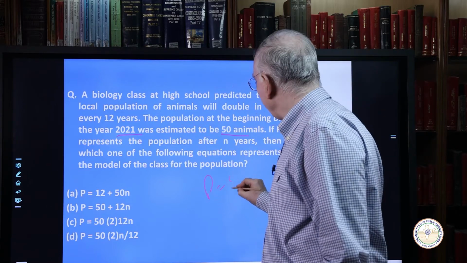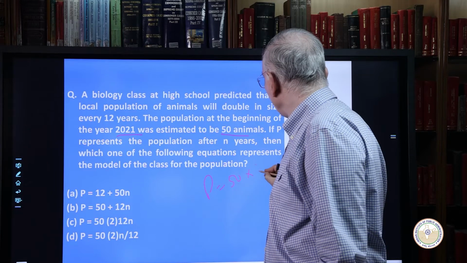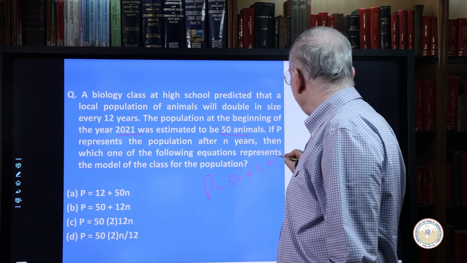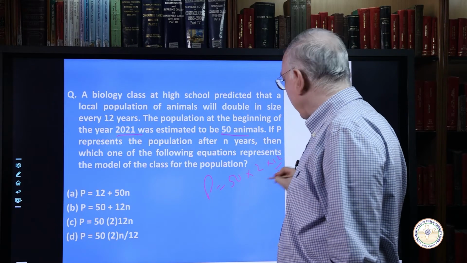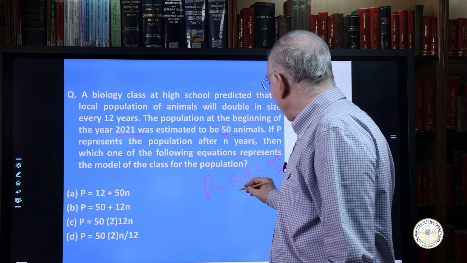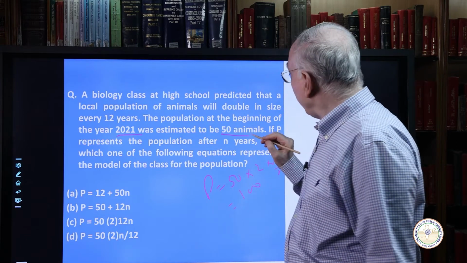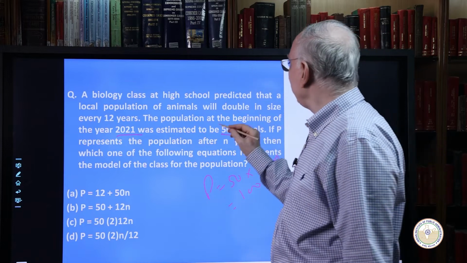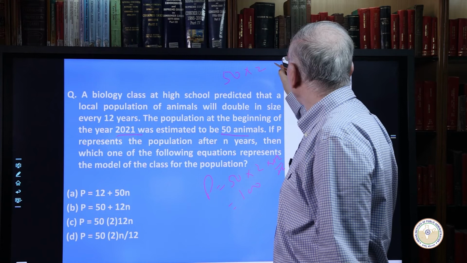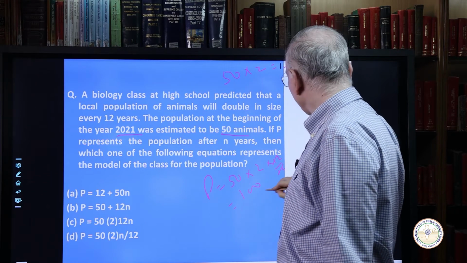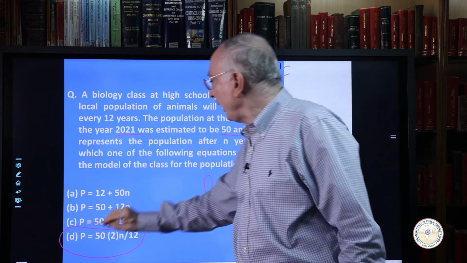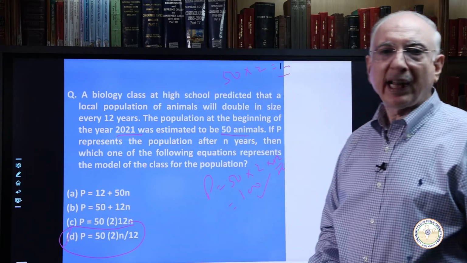P is equal to 50 into 2 to the power N, where N is the number of years in which it doubles, which is given 12, and divided by 12. So if we see this cancels out, so it means 100. Now in 12 years, it gives double the population, that means double means 2, so it gives 100. Now this matches 100, therefore this model fits the condition here, therefore option D is the right answer.